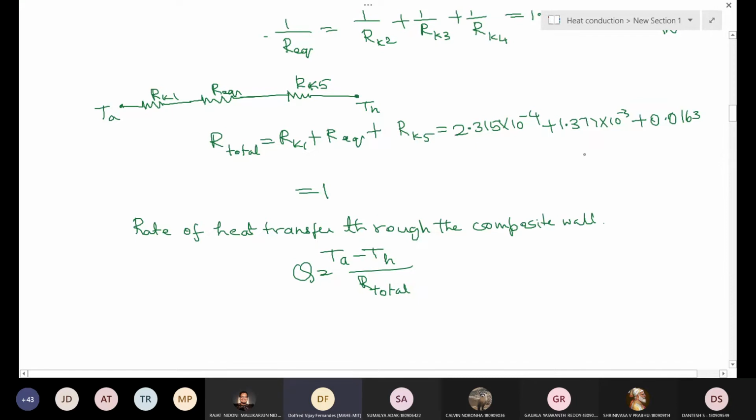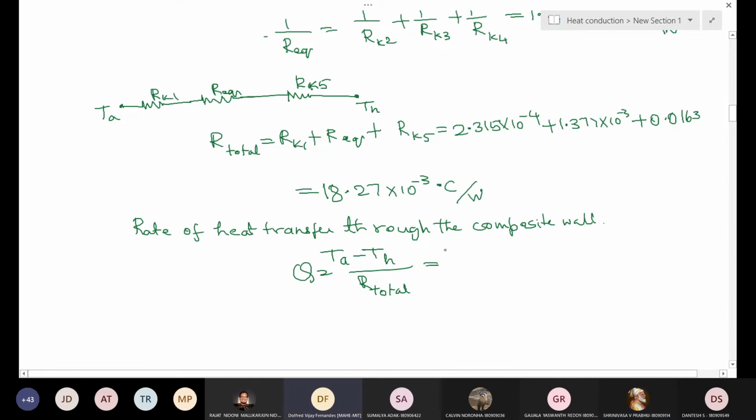No, I think there is some mistake. This is 16.3 something, so 18 point something should come. So 18.2788 into 10 to the power minus 3 degree centigrade over watts.